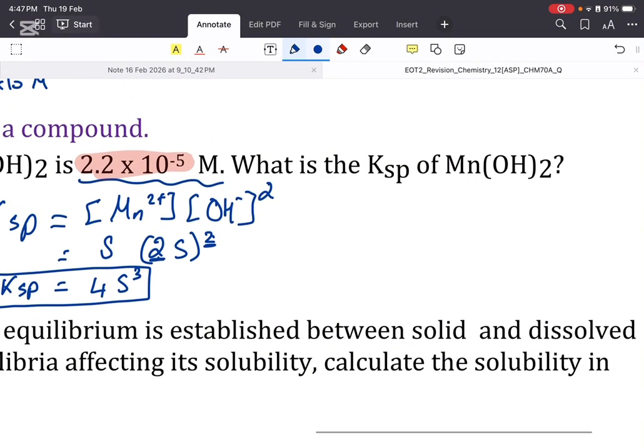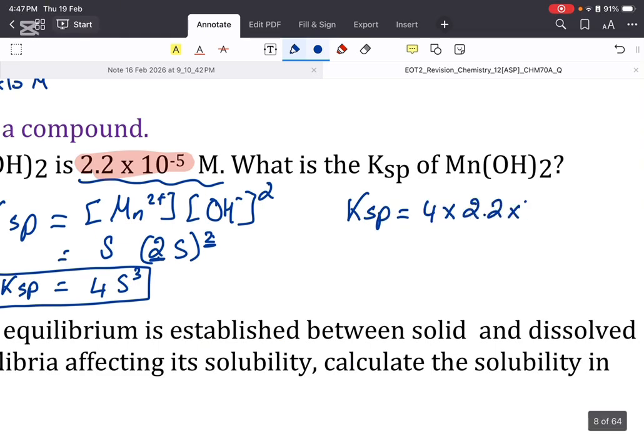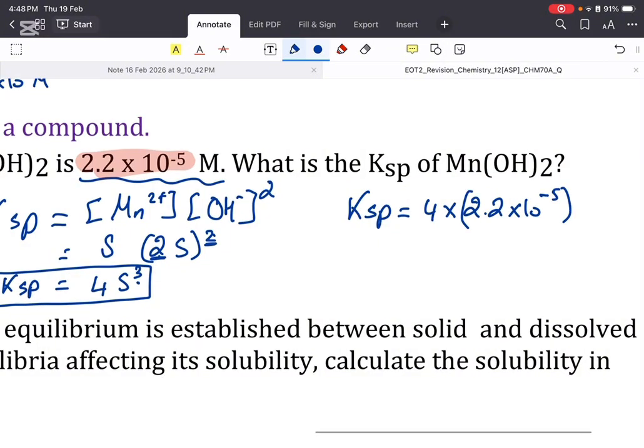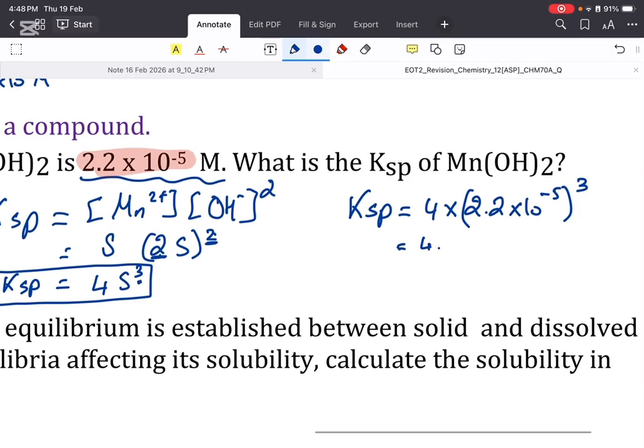Now having S, KSP is going to be 4 multiplied by S, which is 2.2 times 10 to the power negative 5, cubed. Don't forget the cube. The answer is 4.3 times 10 to the power negative 14.